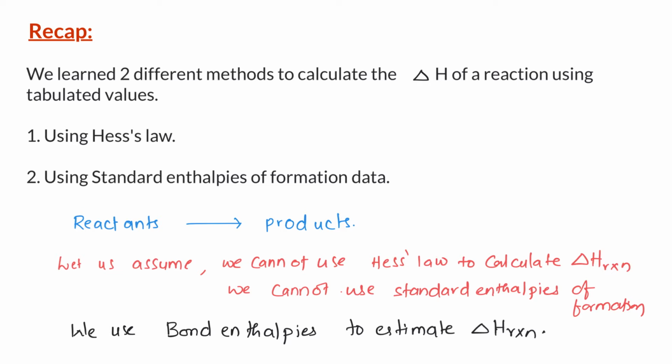Note that the reaction enthalpy calculated by this method is an approximate value, and you will understand very soon why this is the case. In order to learn how to do this, let us first define what bond enthalpy is.